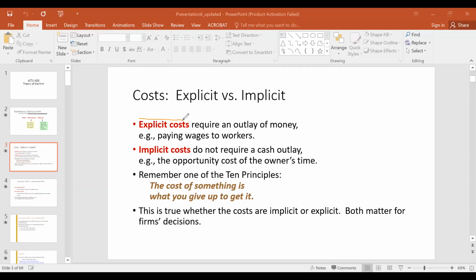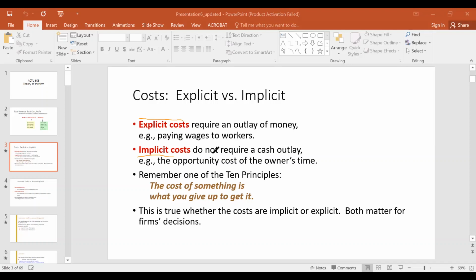Paying of salaries, buying of raw materials, there is a direct outflow of money from the company or from the businessman to the supplier of that good or service. Once there is an explicit or direct payment, we call that explicit cost.